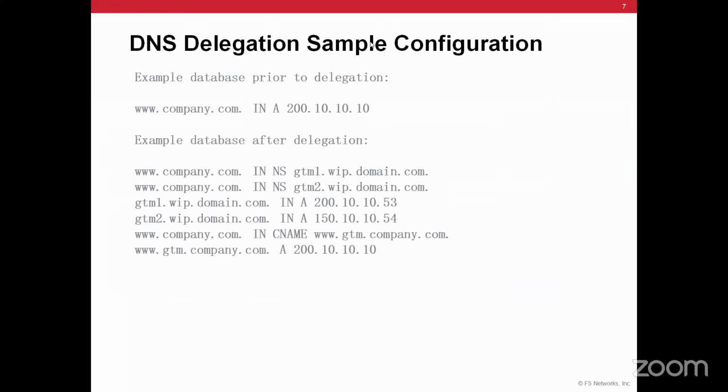Okay. So this is when you do an NS lookup from your machine to company.com, you get this IP. It's all sorted out, no delegation, nothing. This is simple DNS entry. Now when you have delegation and GTM in place, how does it work? When you do an NS lookup, instead of getting an A record, you get this NS record, which means a pointer record, which means for this, go to this.